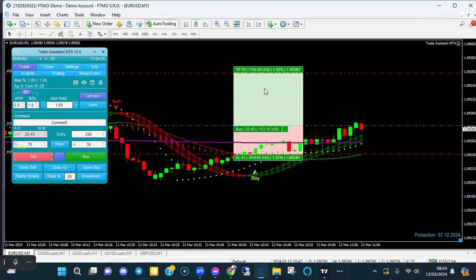Actually, it said it was a little bit out. I don't know why that would be, but not by a large amount. Usually it says 2. It's in at 1.95%, and I've got 1.05% on the stop loss.